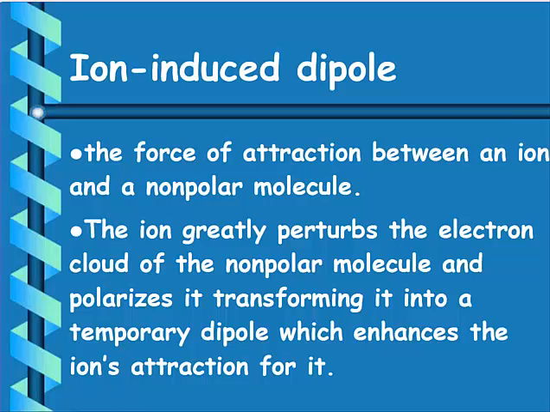An ion-induced dipole is the force of attraction between an ion and a nonpolar molecule. This ion is going to perturb the electron cloud of the nonpolar molecule. In other words, it's going to polarize it, transforming it into a temporary dipole, which then would be attracted to the ion.